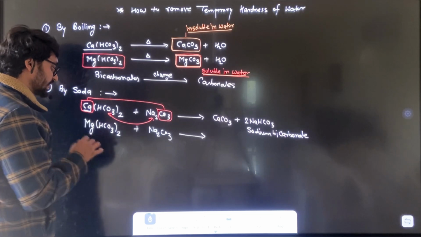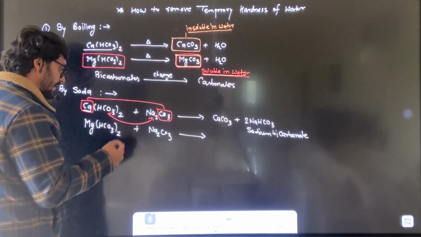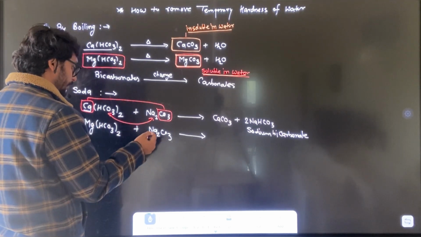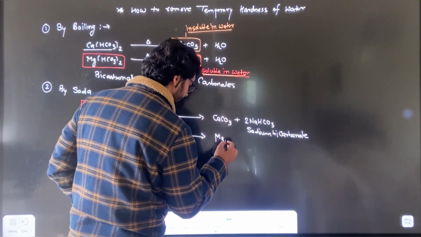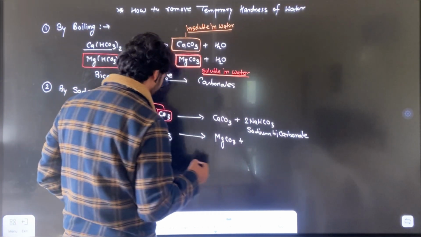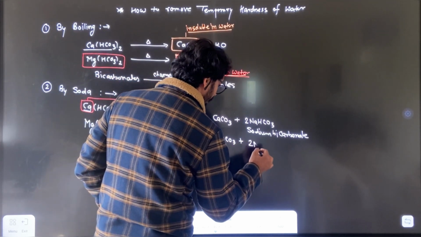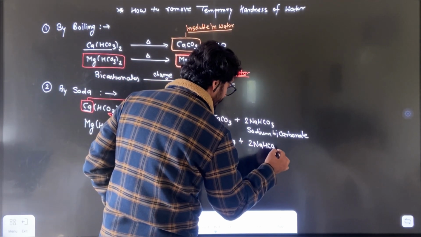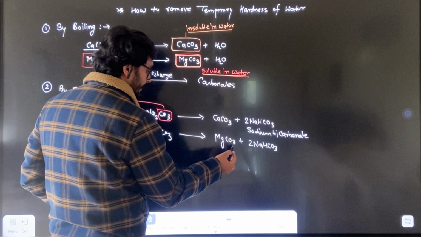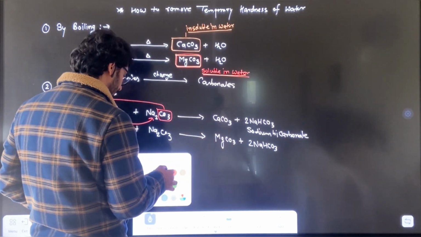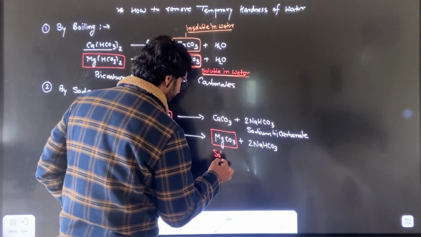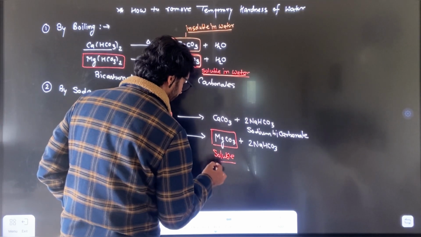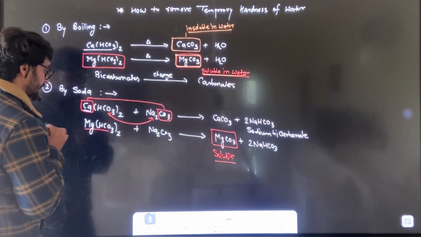In the case of magnesium bicarbonate, it reacts with sodium carbonate and gives magnesium carbonate and 2 moles of sodium bicarbonate. Here the magnesium carbonate salt is soluble in water, so this is the problem with magnesium bicarbonate.